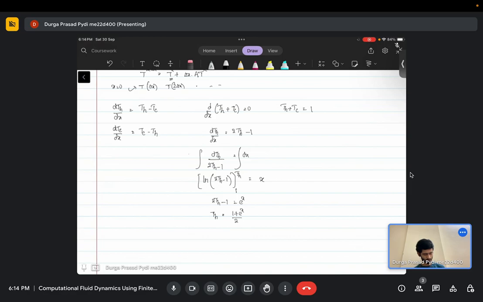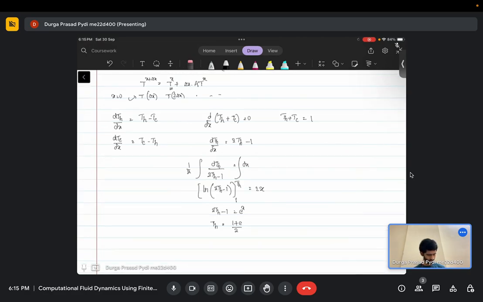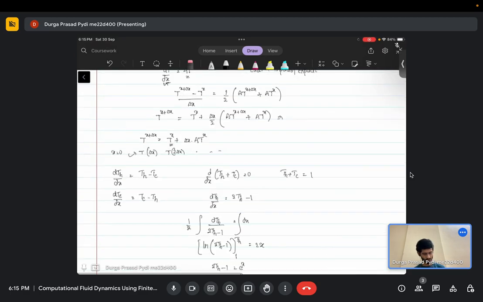Okay, I forgot the 2 here. So, did I write the equation wrong? So it's Tc minus Th. Yeah. For the hot one it should cool, and for the cooler one it should get heated up.